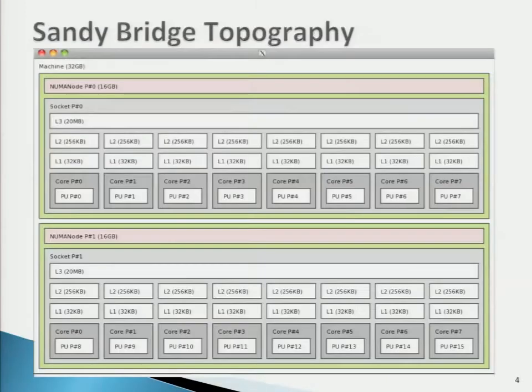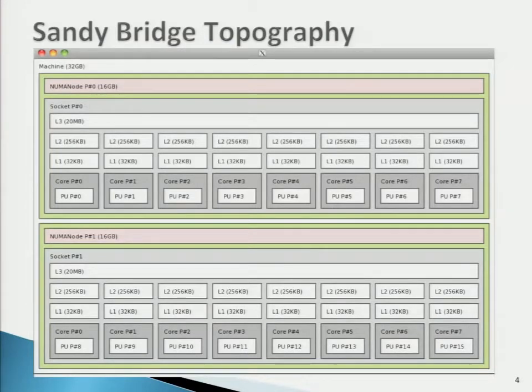But if you run it with X on, you will get a little graphical window that looks like this. This is what it shows us when we ran on a Sandy Bridge system. I think this was generated on Grainer, one of our systems here, which has exactly the same processors as we have in Pilatus.